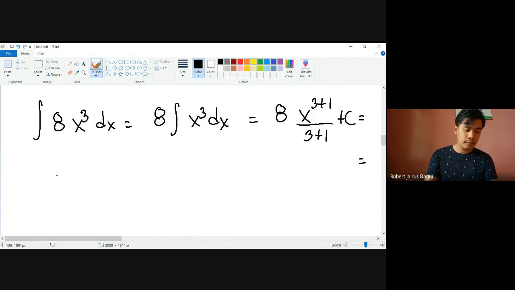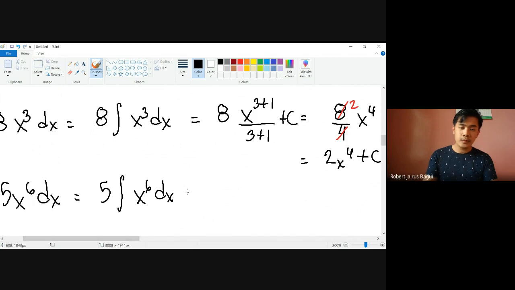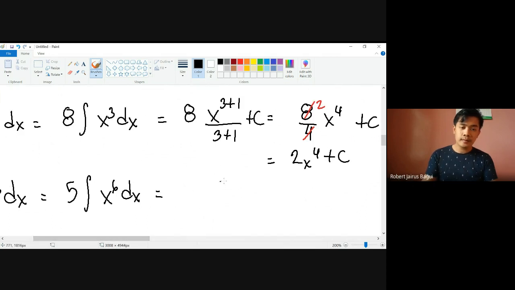Next. It is the same, just an extension. What if it is 5x raised to 6 dx? What did we do there? We took out the constant first, 5, then x raised to 6. So x raised to 6 plus 1 all over 6 plus 1, plus c.